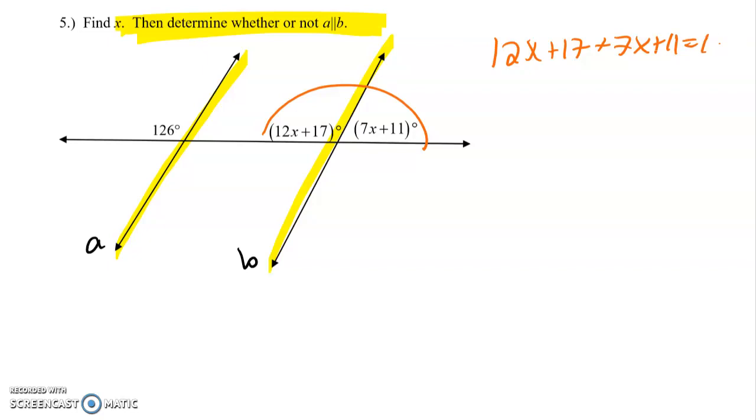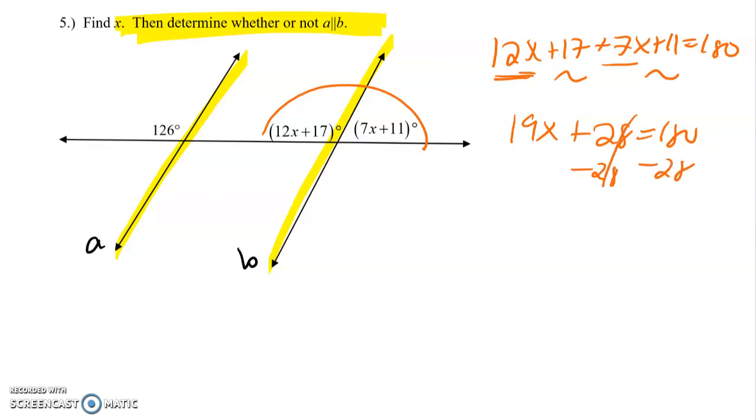I'll write that a little bit nicer. That's a really good example of what we are allowed to assume is true and what we are not. So we've got 12x's and 7x's. That gives us 19x's, plus 28 equals 180. From here, we're going to subtract 28 on both sides.